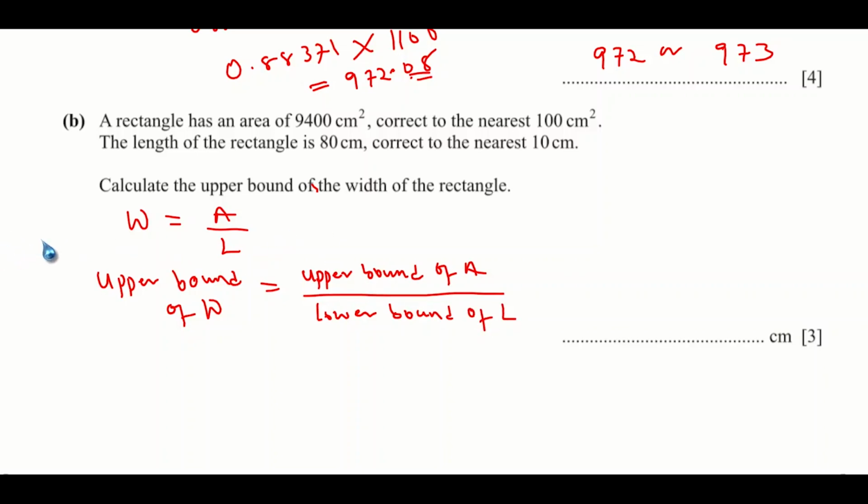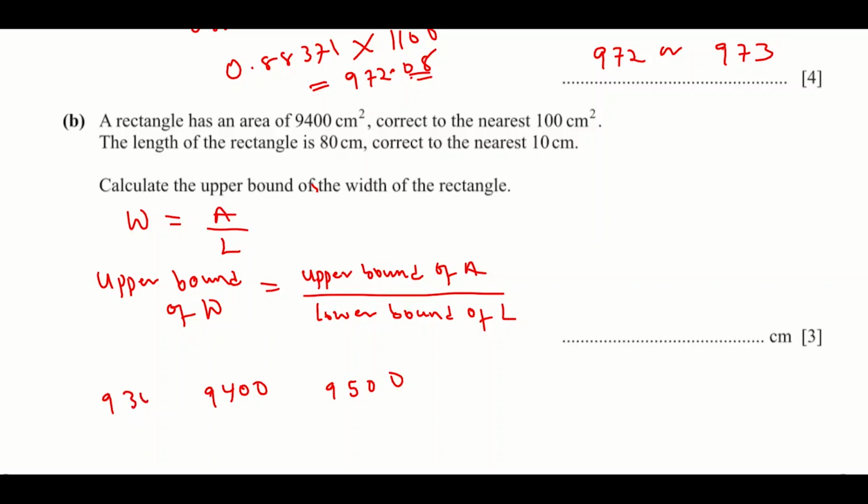Now we need to get these bounds. For the area, it is 9,400 centimeters squared to the nearest 100. So that means you can count in 100. If the area is 9,400, then the next one will be 9,500, because we are counting in 100, and the one before it will be 9,300.